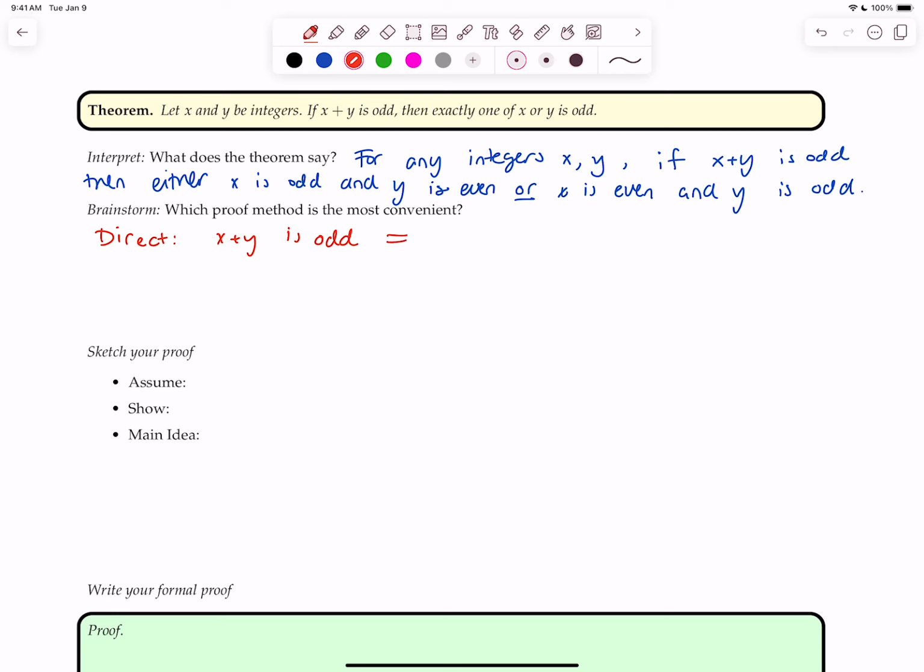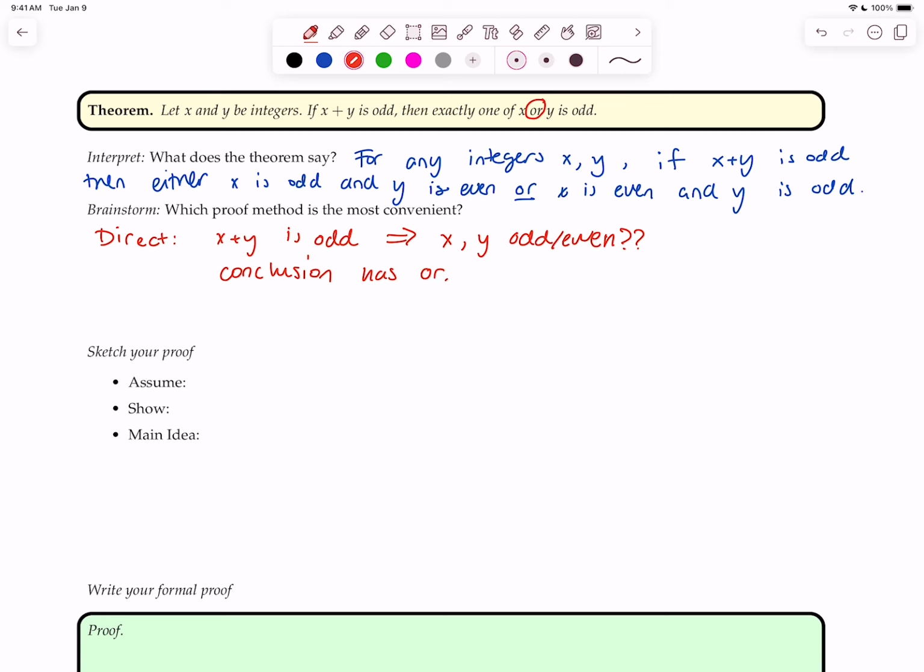Like, what does that say about x or y, odd or even? It's not clear. Just because you have the sum being odd or even, not sure exactly what that says about the individual things. The other issue is that the conclusion has an or in it. So exactly one of x or y is odd. Anytime the conclusion has an or, it can be a little tricky to do direct.